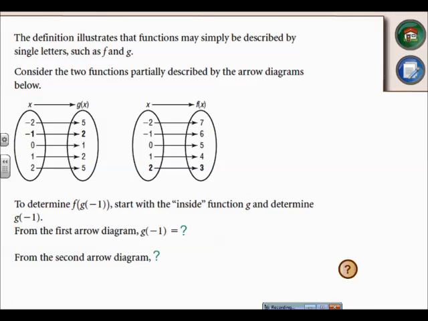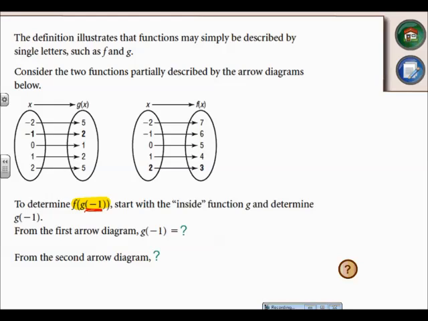Okay, so we can also get the answers from an arrow diagram. So if we're looking for f of g at negative 1, start with the inside first. We're always going to start here. Start inside, work outward.